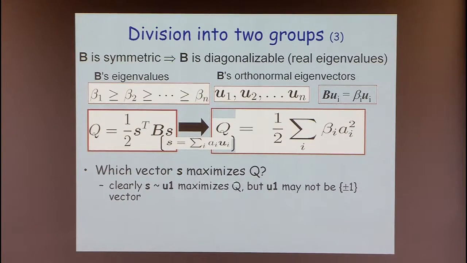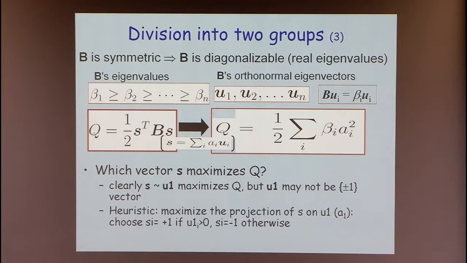However, this eigenvector may not be an integer vector. It's not necessarily +1 or -1. So as a heuristic, what Newman does in his algorithm is choose a +1, -1 vector that maximizes the projection over this first eigenvector.